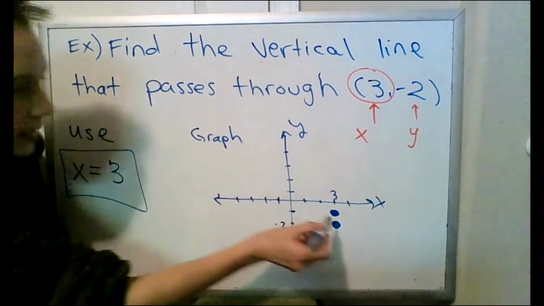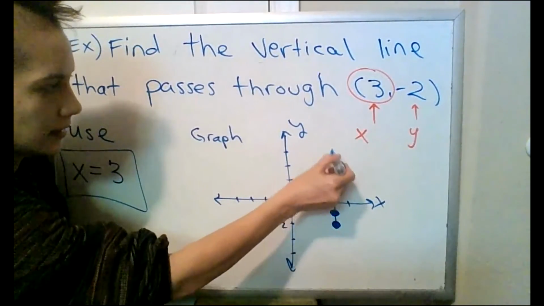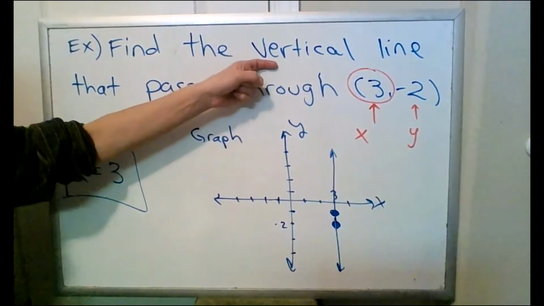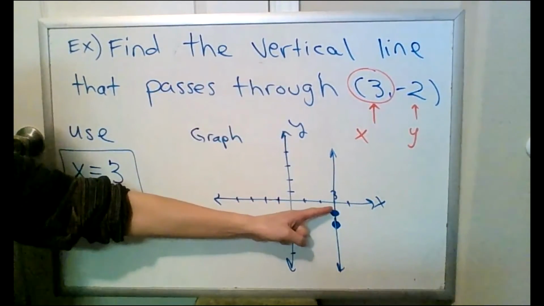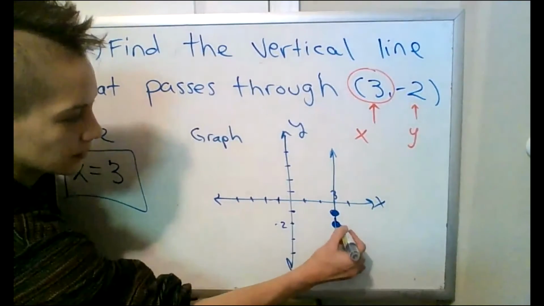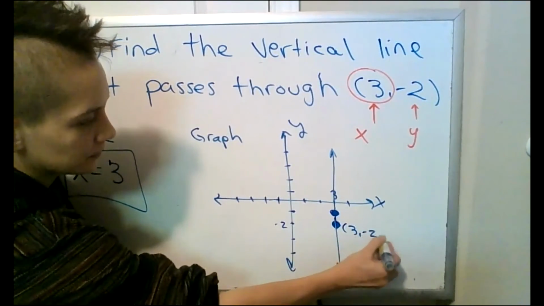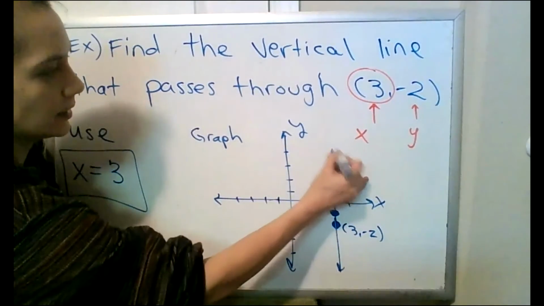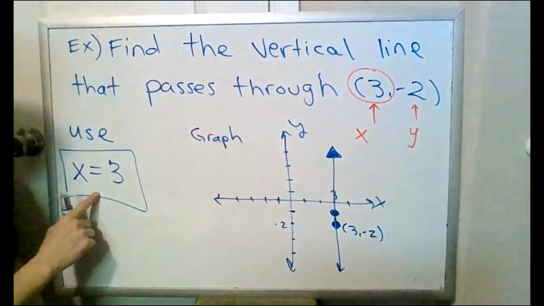And then I'm going to draw a line through those 2 points. I found a vertical line going through the first point we did, 3, -2. So this was the line x equals 3.